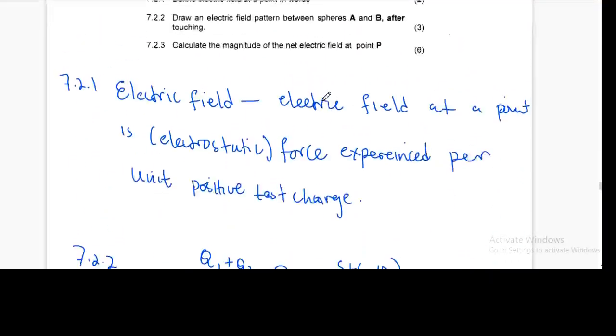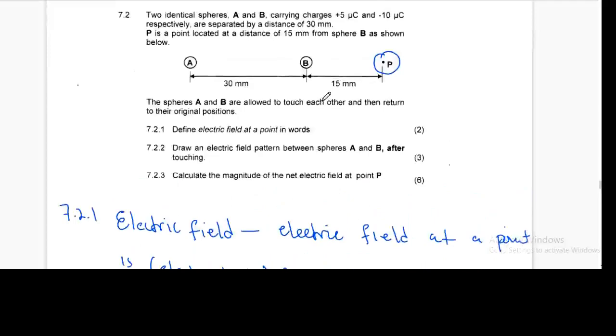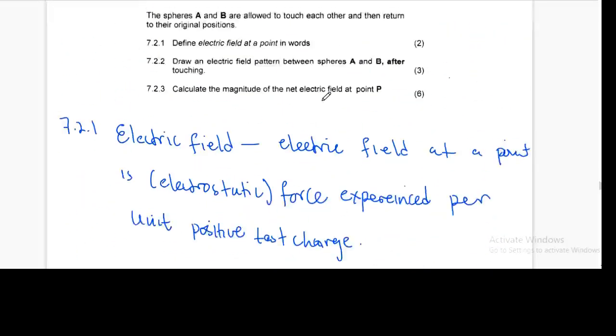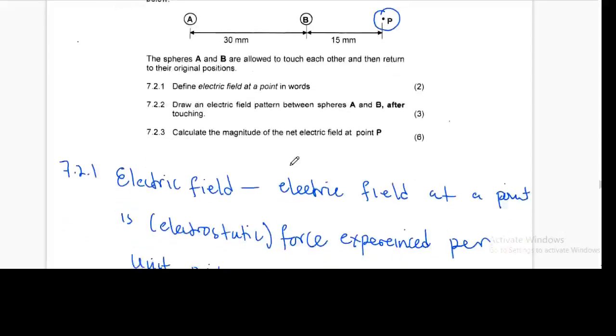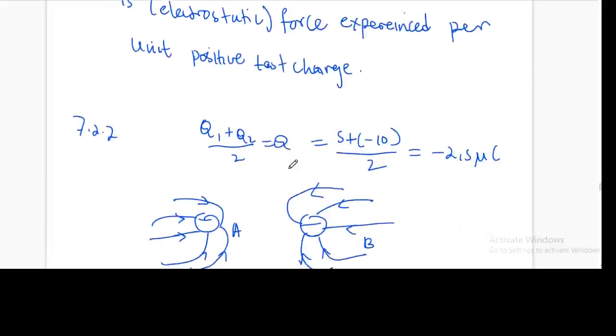Between A and P we have 30 plus 15, so we have 45 millimeters. Okay, 45 millimeters.